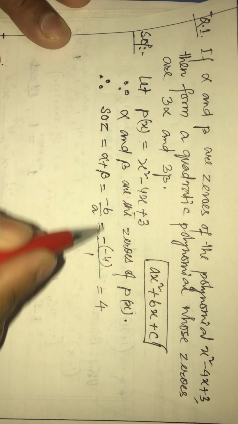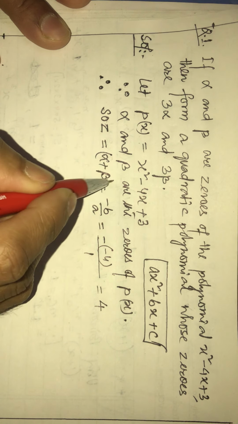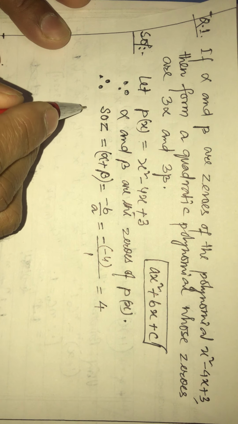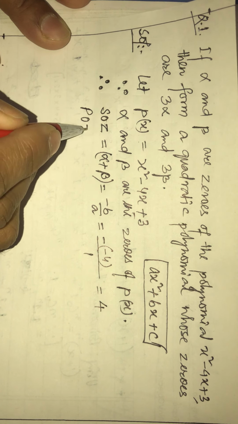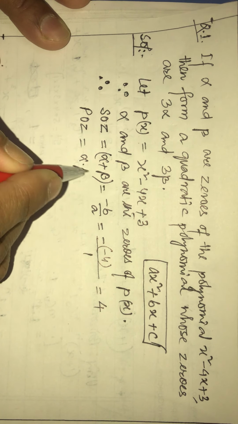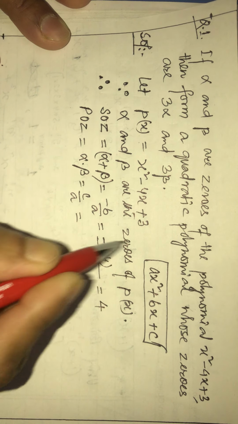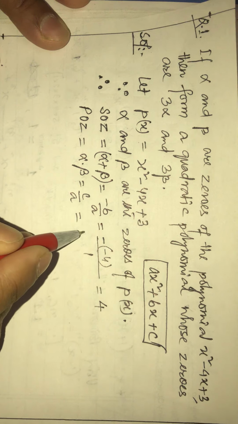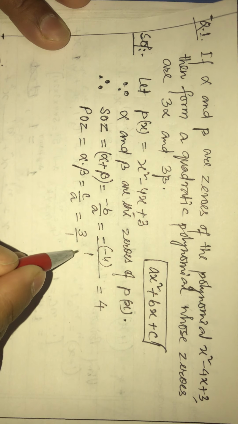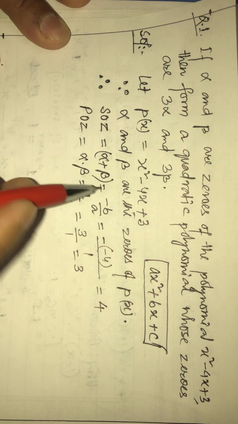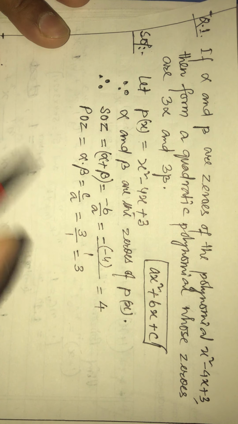So sum of zeros we got 4. Similarly we'll find the product of zeros, alpha into beta. We know the relation is c by a. c is 3, a is 1 again, so this will give 3. So we got both sum and product.